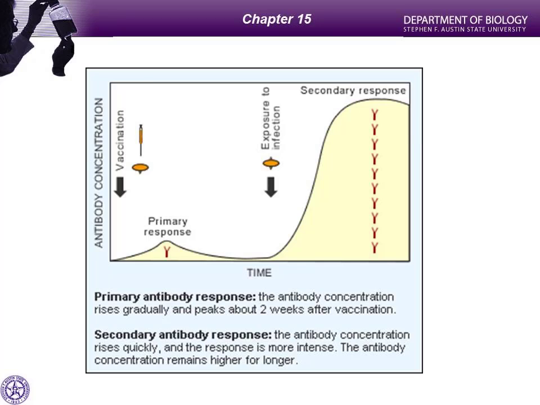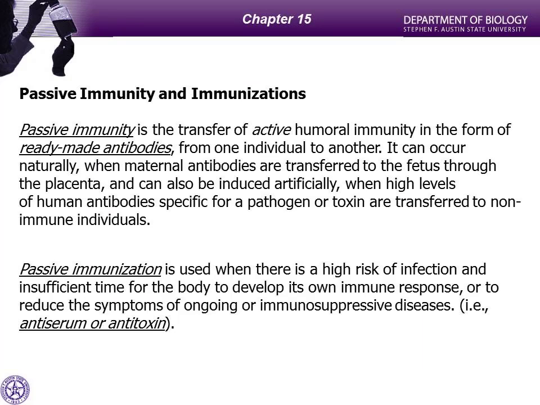Now, passive immunity. Remember, we already talked about passive immunity with the IgGs that cross the placenta, mom giving the antibodies to the baby, getting it in the colostrum, the breast milk. You don't have the cells to make it yourself. You're getting these ready-made antibodies from mom. Now, if you do this clinically, let's say if you have been bitten by a venomous snake, you're going to get anti-serum or antitoxin.